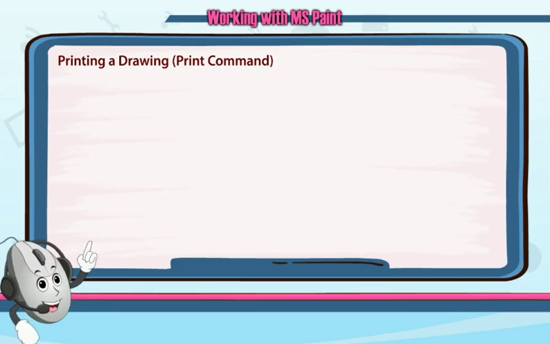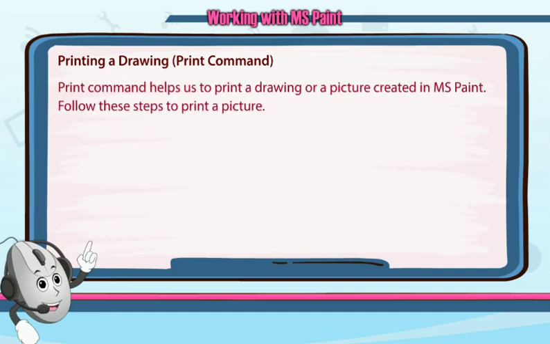Now let's learn how to print a drawing. Whatever the drawing you have created, how to take printout of your drawing. Print command helps us to print a drawing or picture created in MS Paint.